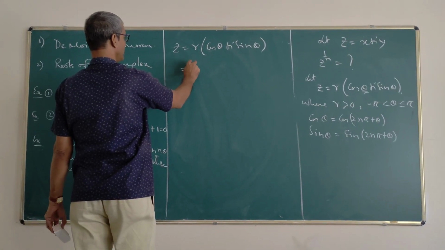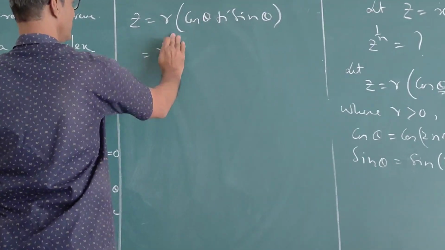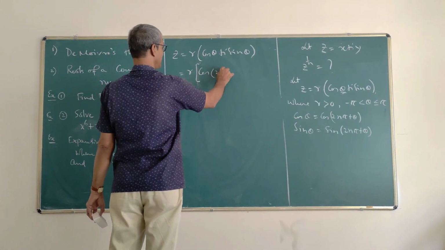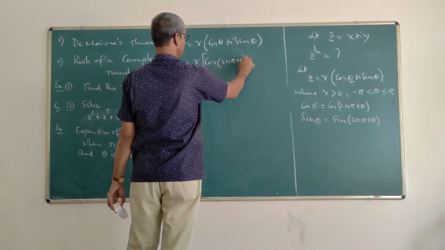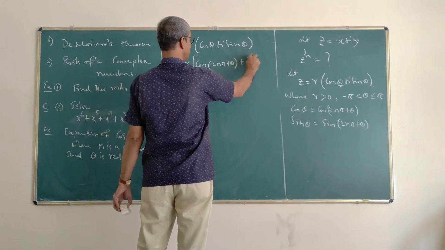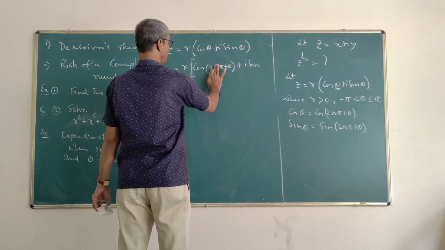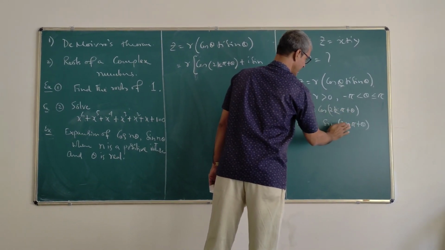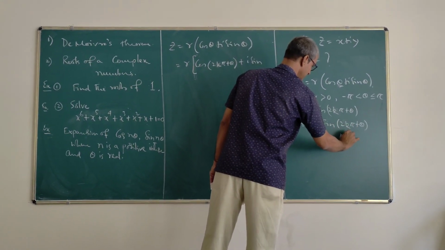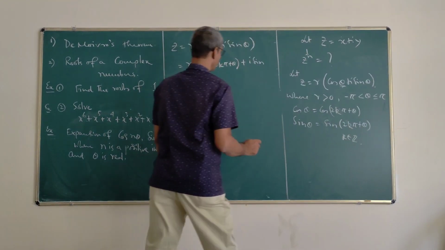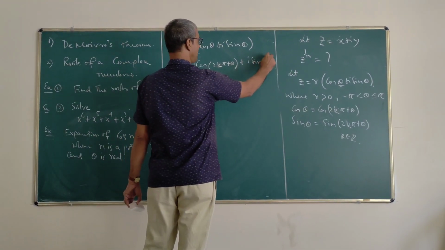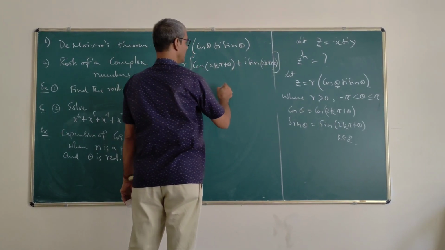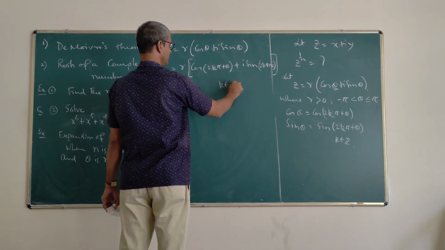Now instead of theta, we put twice k pi plus theta, in both cos and sin, where k is an integer.